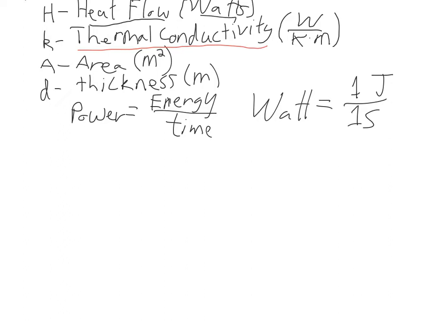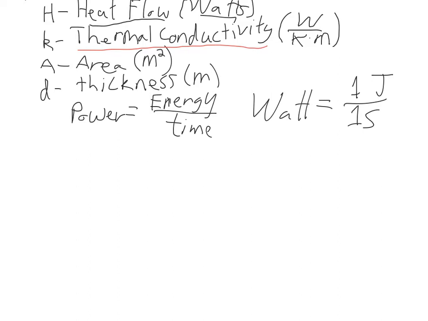That's heat flow. K is thermal conductivity, which I'll describe in more detail in a minute, but it's really how good something is at conducting thermal energy or heat. As we talked about today, good conductors are things like copper and other metals. Bad conductors are things like plastics and so on. For example, copper has a thermal conductivity of 380 watts per meter Kelvin, so that's a higher one.